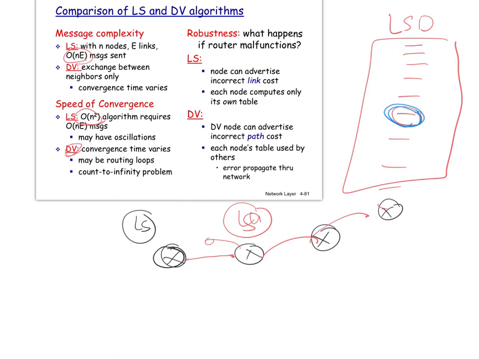Which will in turn affect the estimation of distances in the following routers and so on and so forth. Which means that this error will propagate and cause an accumulation of errors to all the routers in the network. Why?